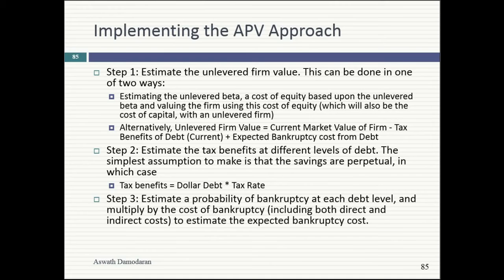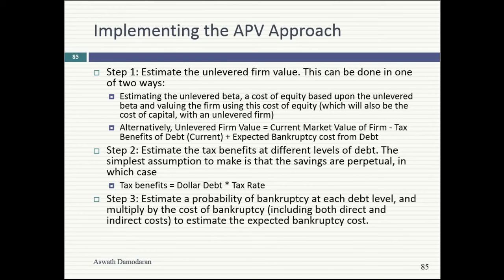So help me out. If I paid off all the debt, what's going to happen to that tax benefit that was built into my value? It's going to go away, so I'm going to subtract it out. But if I paid off, the expected bankruptcy cost that was pushing my value down is also going to go away, so I'm going to add it back. I'm going to come back with an unlevered firm value that's based on your current market value as a company. So that's step one. Step two, I've got to compute the tax benefits of debt.